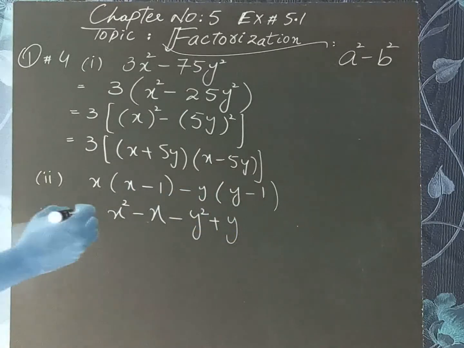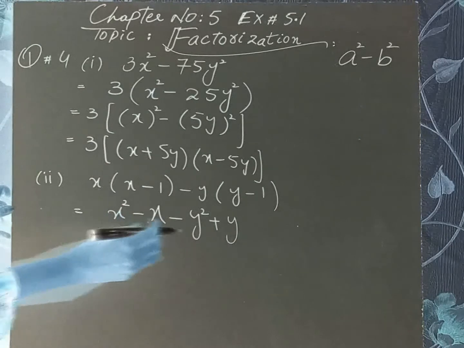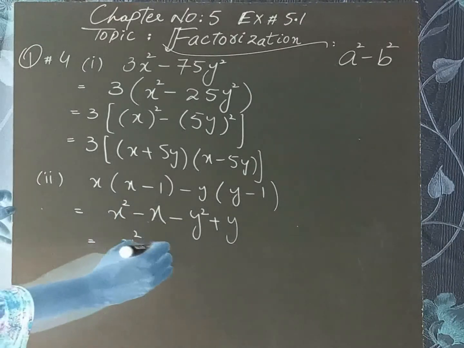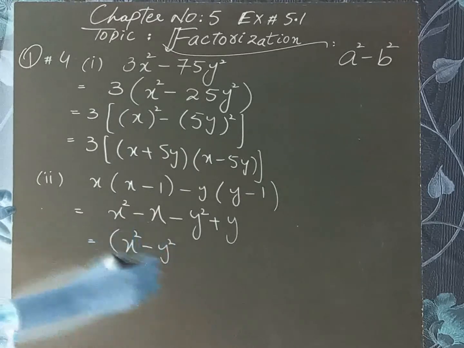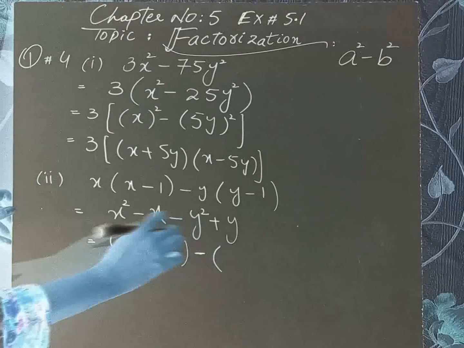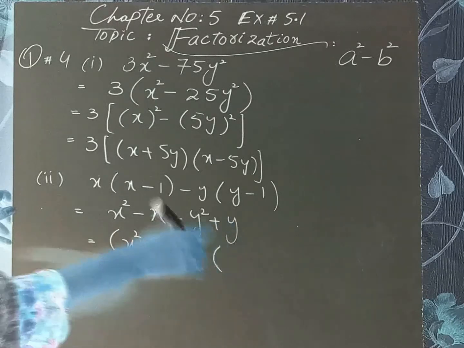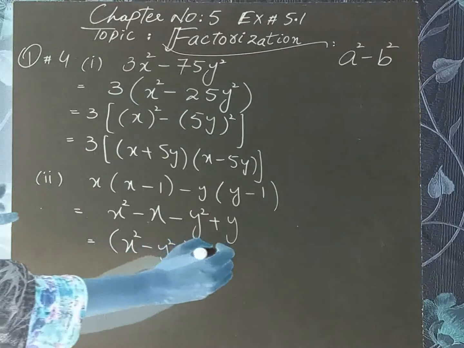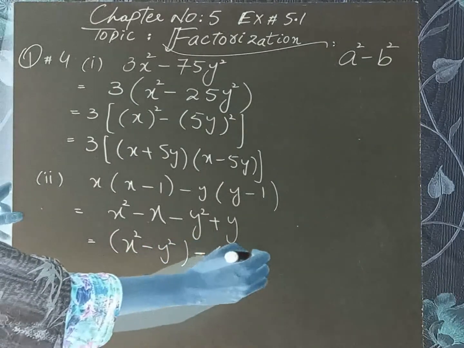Now I will arrange this. First I will write x squared minus y squared. Then minus, I will put the bracket (x minus y), because we have put the bracket over here ourselves.